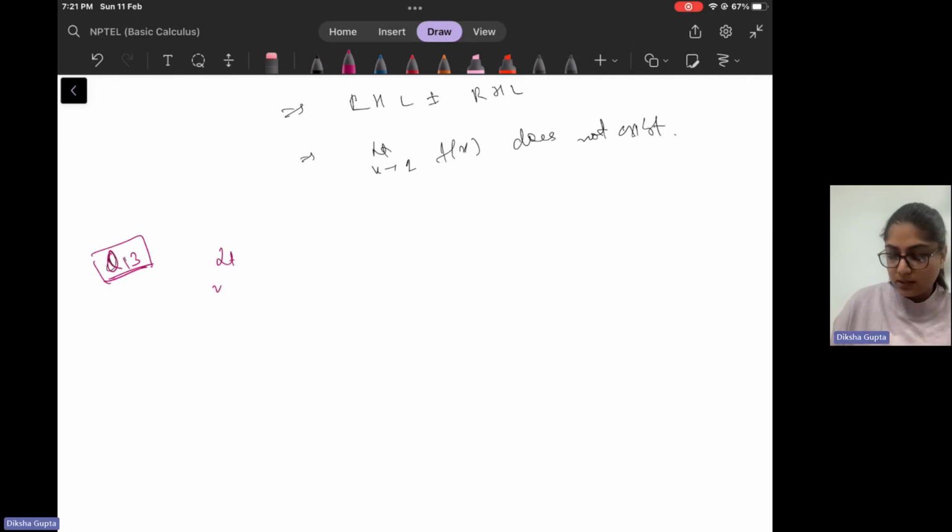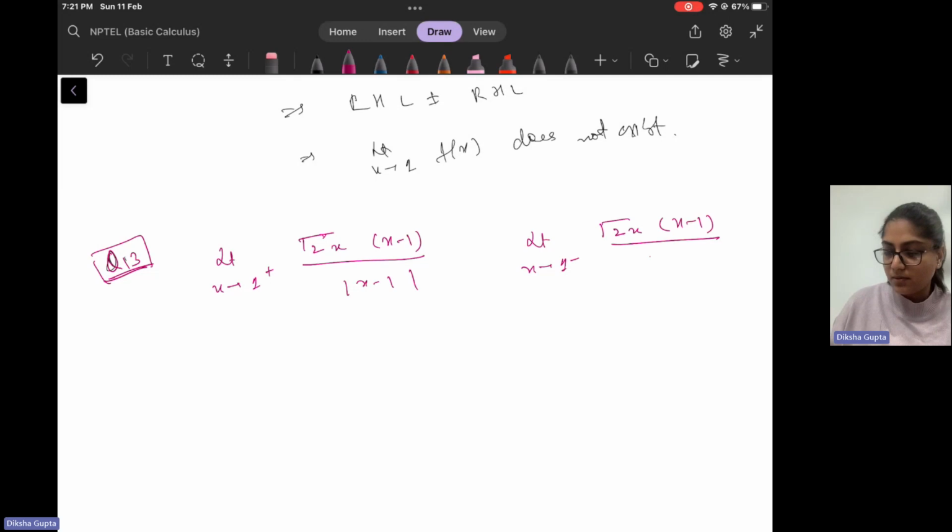So this is limit x tending to 1 plus root 2x (x minus 1) upon (x minus 1) and limit x tending to 1 minus root 2x (x minus 1) upon mod of (x minus 1). Okay.